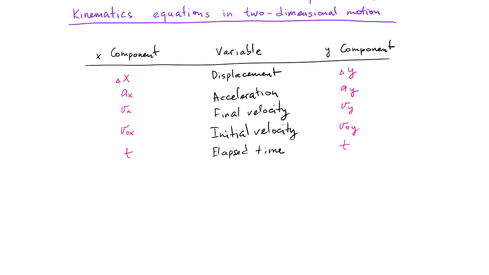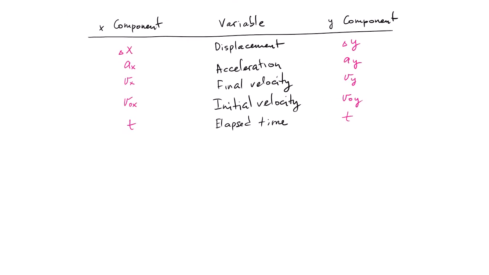It's important to know this as well, because it takes the same time for the object to fall and to go through the horizontal motion. Now the equations. For our first equation, we can write v_x equals v naught x plus a_x t.